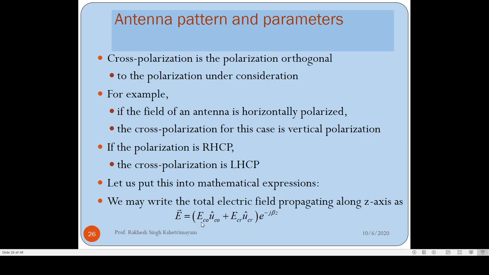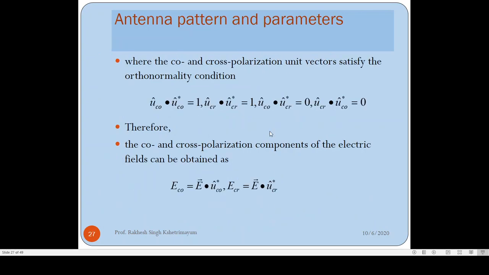Co means copolarization component, CR means cross polarization component, and you can also have a unit vector for the copolarization component and the cross polarization component, and the wave is moving along the positive z-axis. Now when you do the dot product of the unit vector for the copolarization component with itself, you get 1. When you do the dot product of the unit vectors for the copolarization and cross polarization, you get 0.